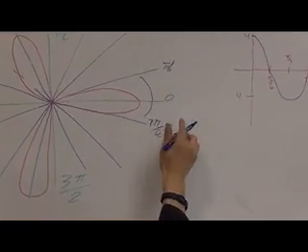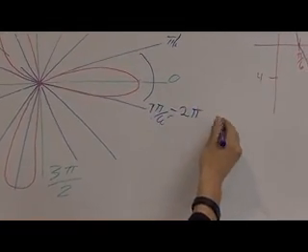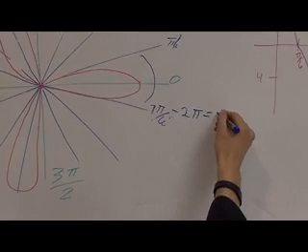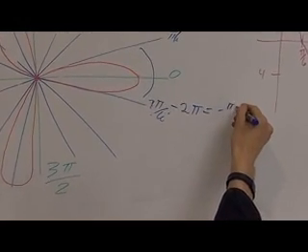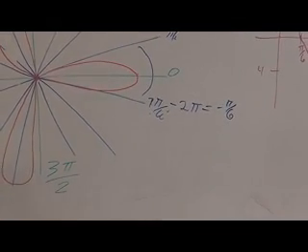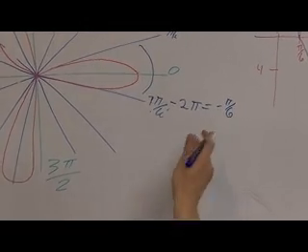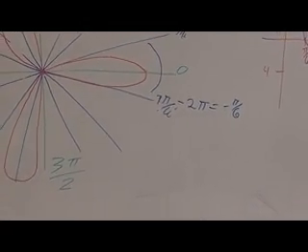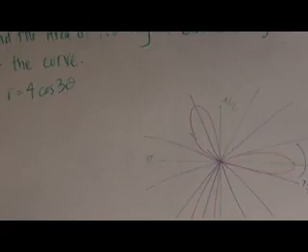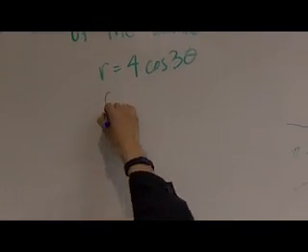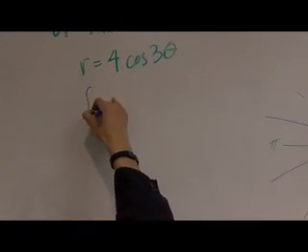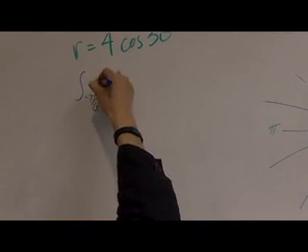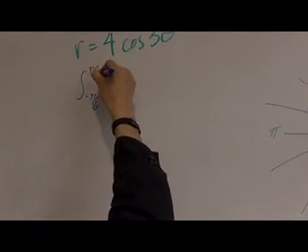In order to do that, we subtract 2 pi, and that would make it negative pi over 6. So our limits would be from negative pi over 6 to pi over 6.